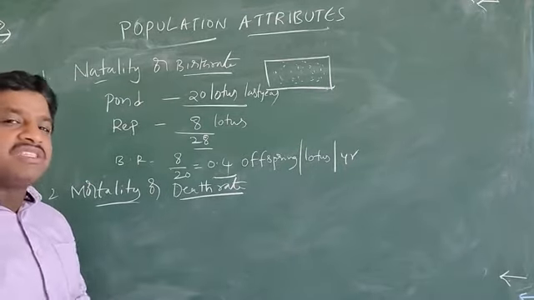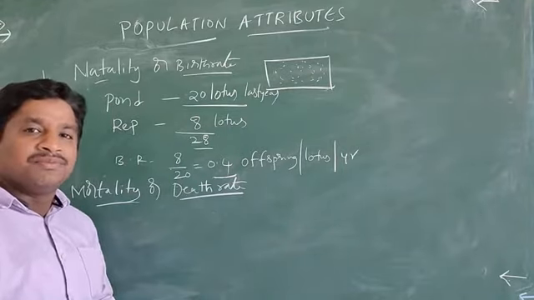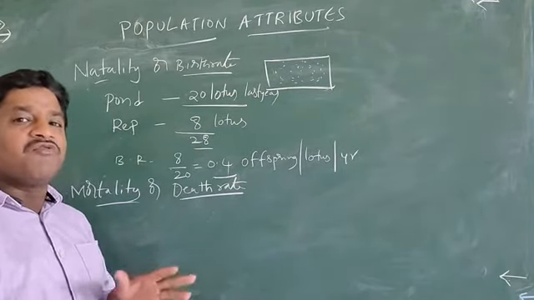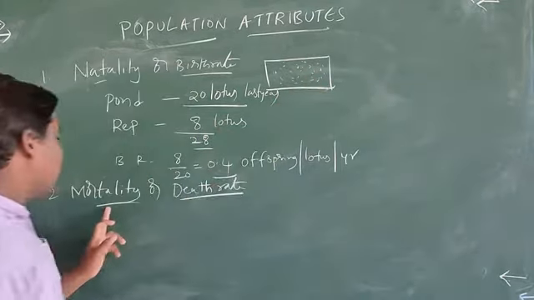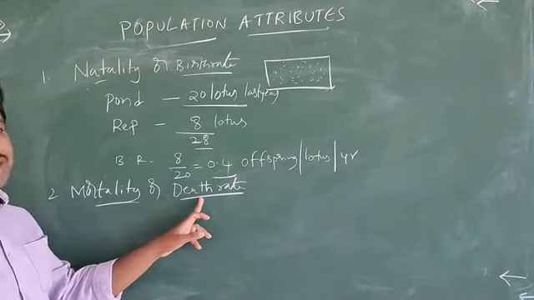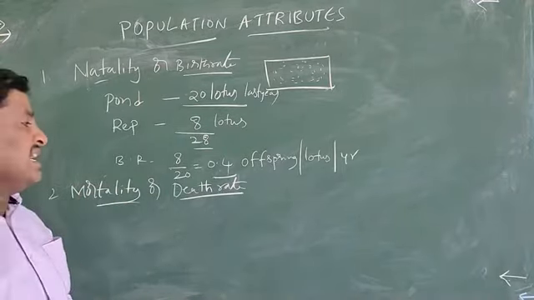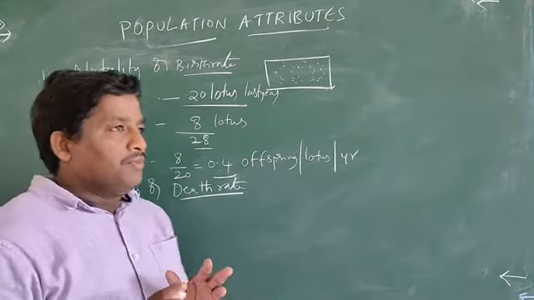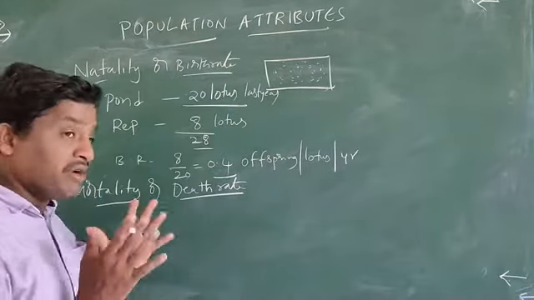The number of individuals that die in a unit time, that means in a unit period of time, per unit population, we call mortality or death rate. So mortality means the number of deaths that occurred in a unit time. How many deaths occur in a unit of time, that we call mortality.